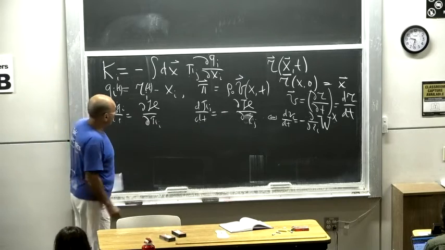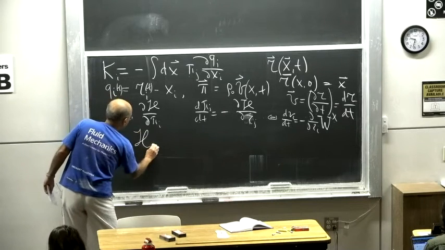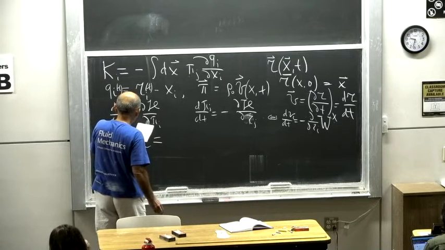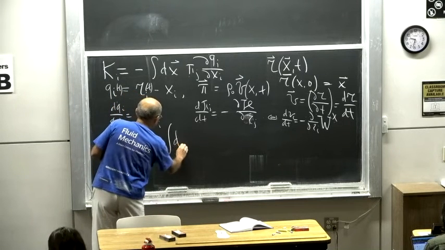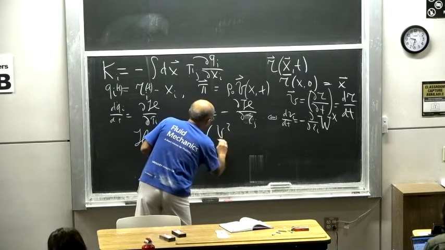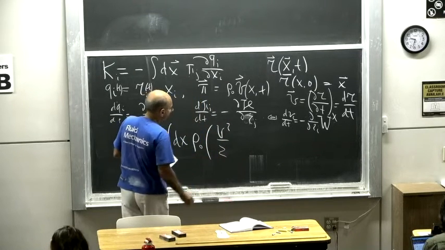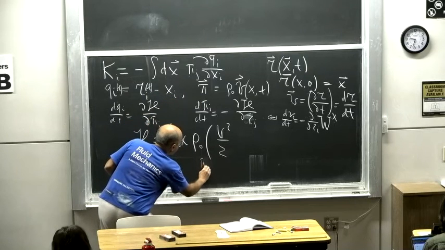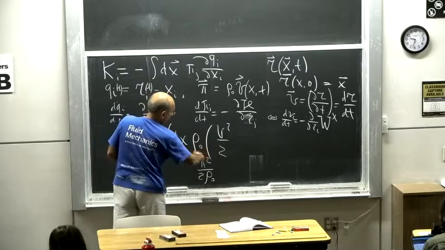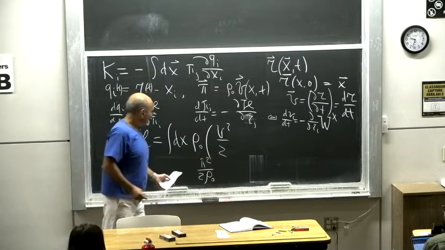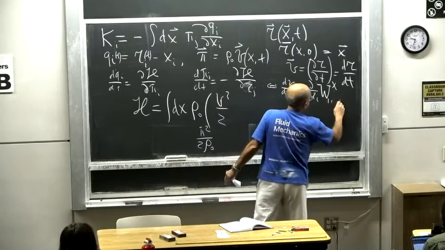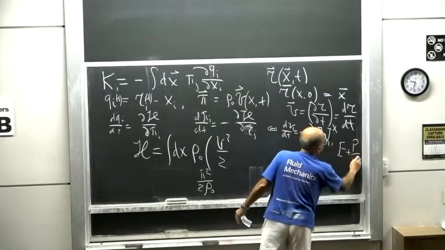So it immediately tells you that your Hamiltonian is, again, an integral over dx. It's got this rho naught. You have v squared over 2, which is your kinetic energy. This is effectively pi squared over 2 rho naught. W is E plus P over rho.